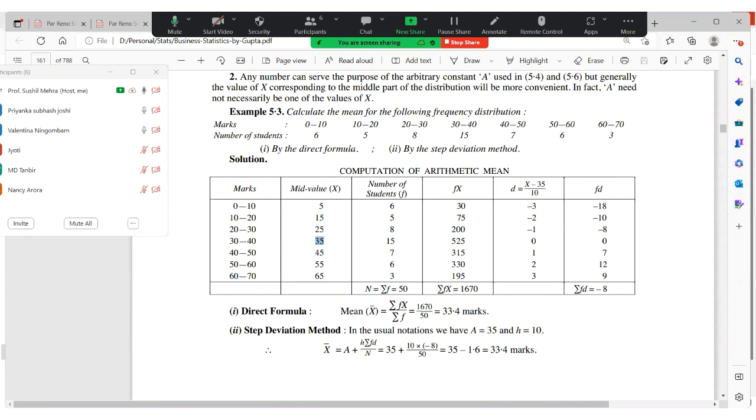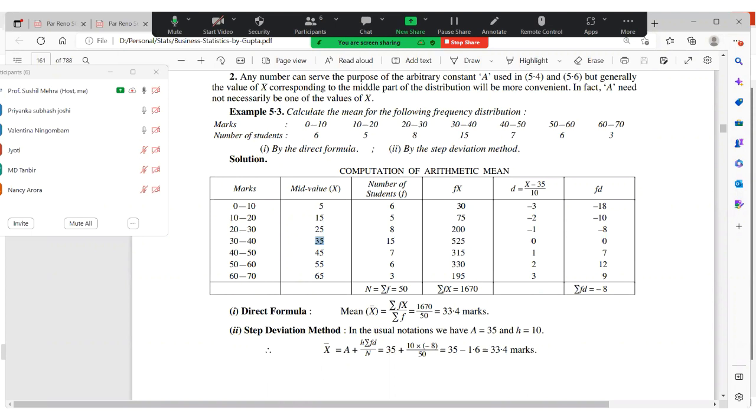35 is the middle term. Now, in this total classes are 7: 1, 2, 3, 4, 5, 6, 7.